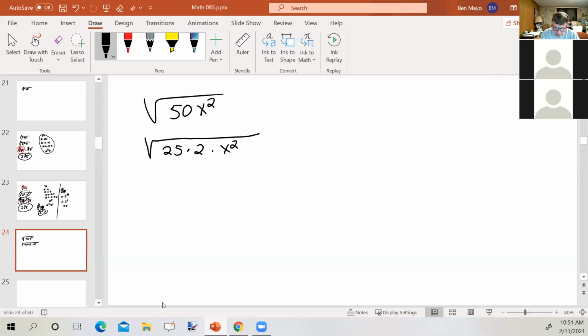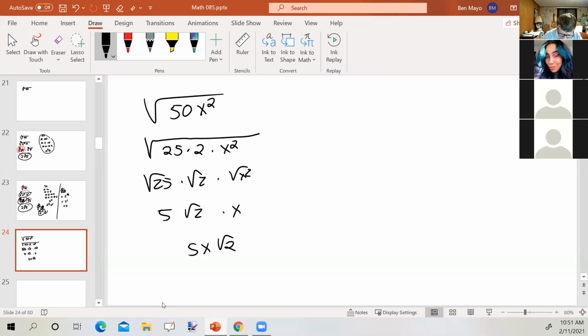Now I'm going to start to shortcut things. In the past, I would have rewritten this, and this, and this, and then done this, and then done that. Follow what I did there? I'll take that as a yes.